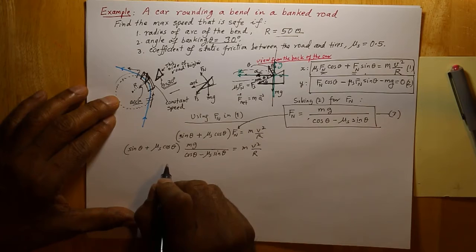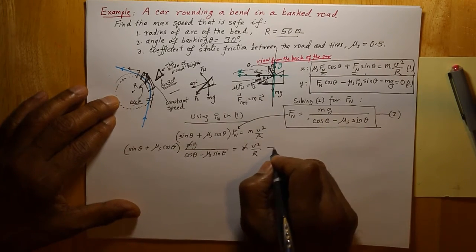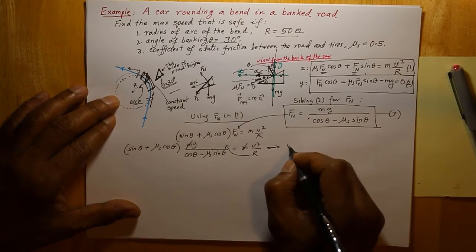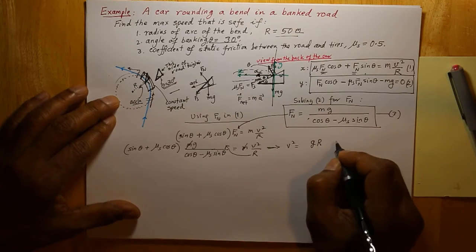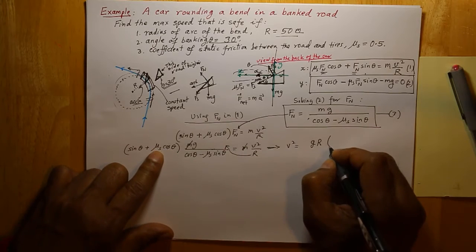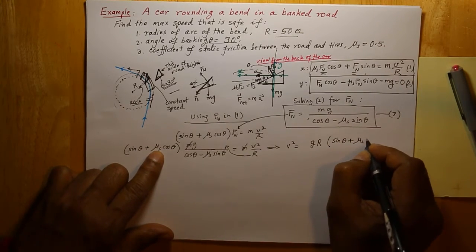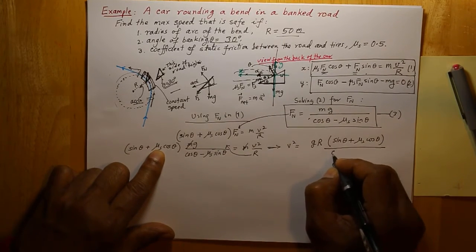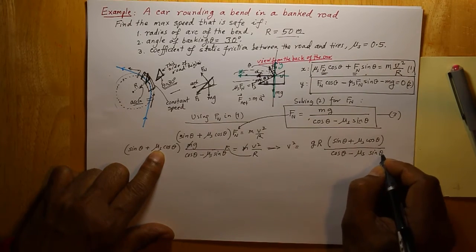So now I do have a cancellation of m on both sides, and so this multiplied by gr on this side gives me v squared. V squared is g times r, and then I have a combination of all of these, g times r times sine theta plus mu s cosine theta over cosine theta minus mu s sine theta.